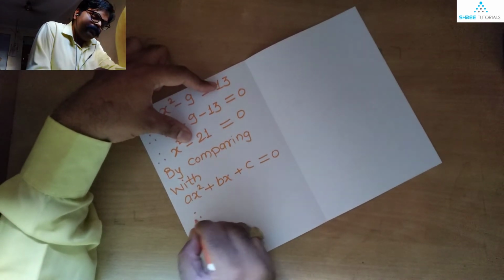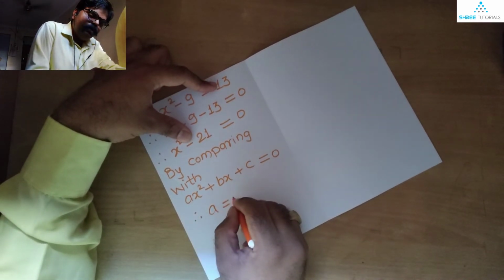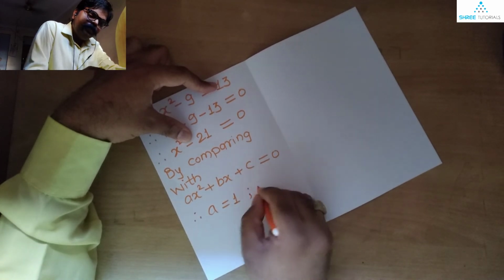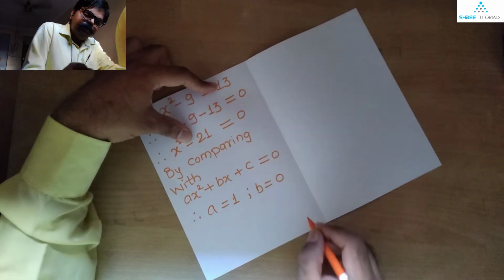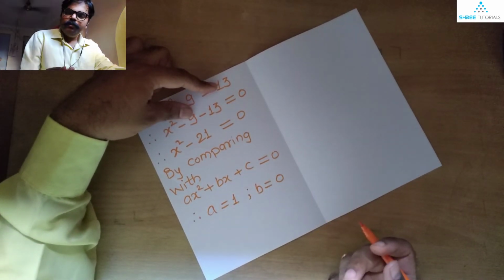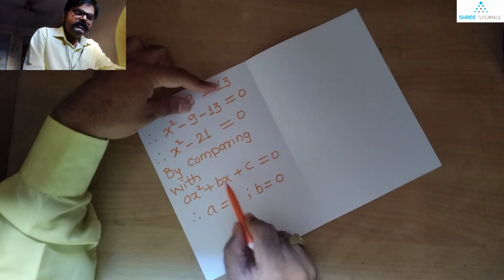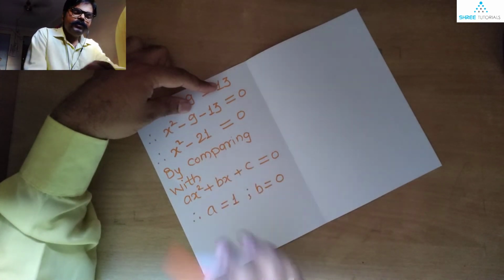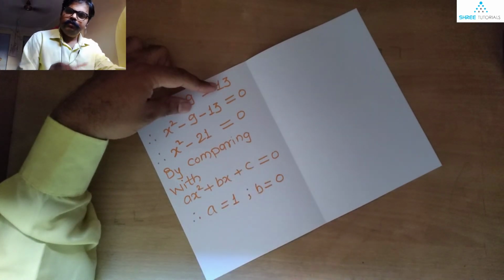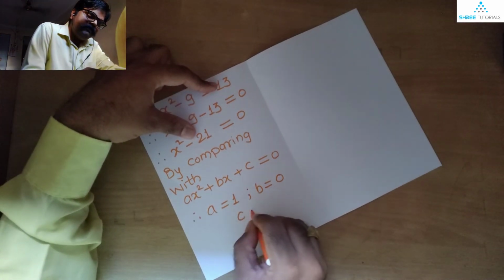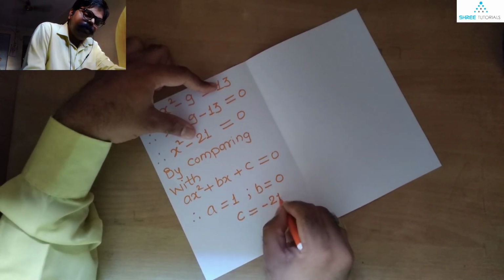Therefore a will be equal to 1, b's value will be equal to 0. Why exactly directly we are putting b as 0? Because with the single variable x we do not have any term over there, therefore directly we are putting b's value as 0 and c's value as minus 21.